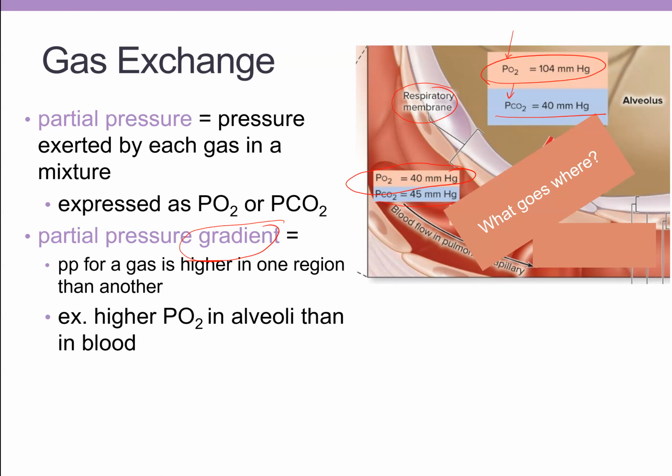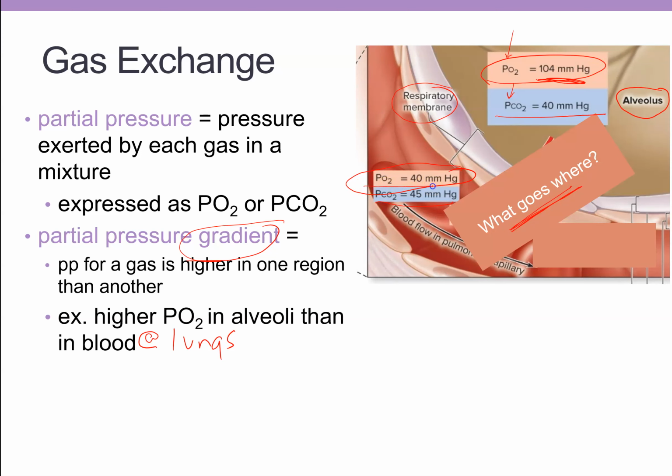So the example here, like I just showed you, is that the PO2 is higher in the alveoli than it is in the blood when you're at the lungs. So if you look at this picture, you've got high partial pressure of the oxygen in the alveolus, 104. You certainly don't need to memorize these numbers. But if I gave you the numbers, be able to figure this out. What's going to go where?